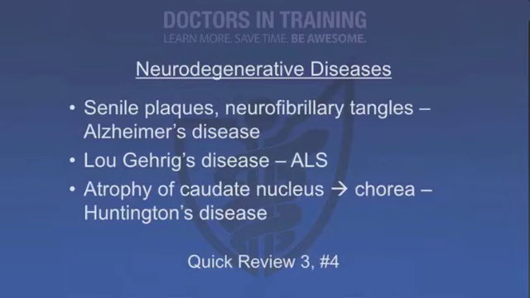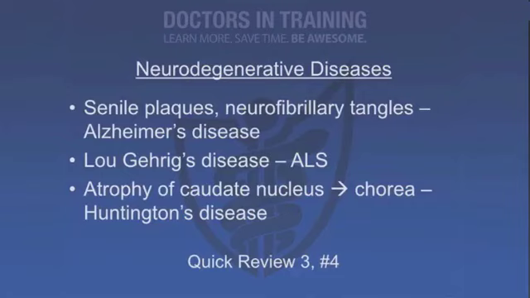Next question. Which neurodegenerative disease matches the following statements? Our choices are Parkinson's disease, Alzheimer's disease, ALS, or Huntington's disease. Senile plaques and neurofibrillary tangles, easy, Alzheimer's disease. Lou Gehrig's disease, named for a famous New York Yankee baseball player, that's why we know ALS by that name.